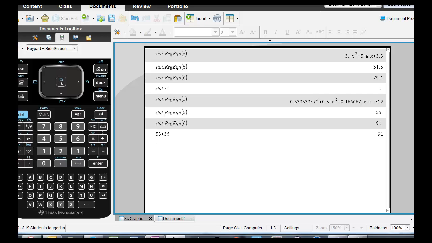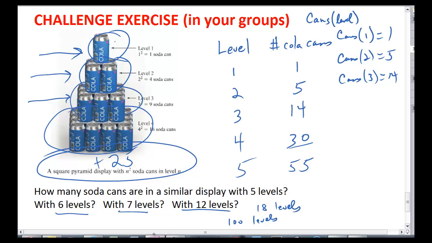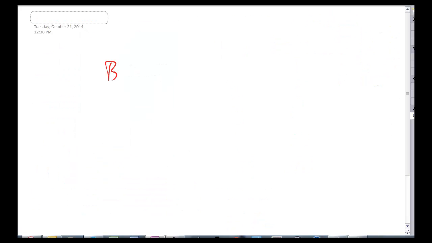Now that we've got that equation, let's take our model out for a spin and see what sort of questions we can ask. Now that I know I've got an equation that if I give it the number of levels, it gives me the number of cans, let's say I want to build a pyramid that is going to impress all of my friends at a party that I'm giving.